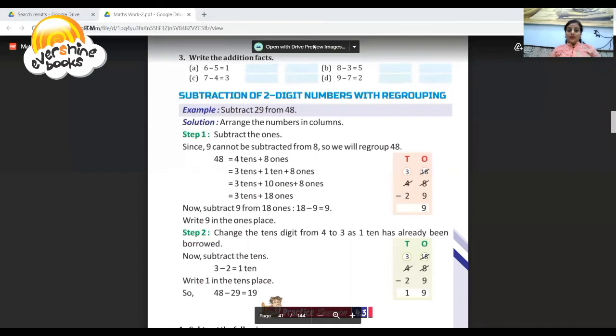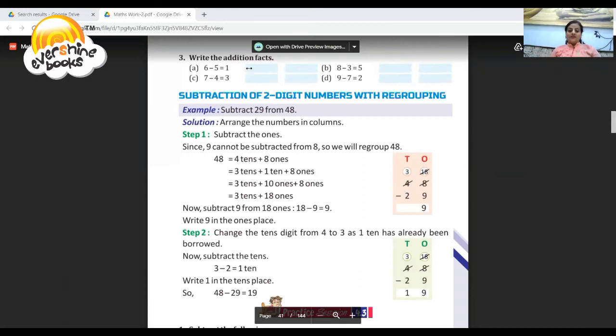Now we are going to do addition facts. Addition facts are just opposite to the subtraction facts. Like 6 minus 5 is equal to 1.